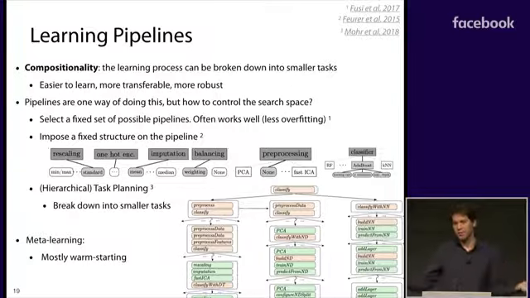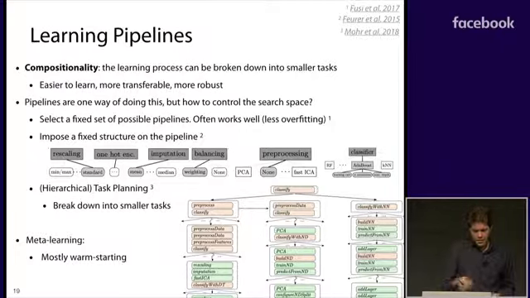And this pipeline structure is something we all use, and it helps to significantly reduce our search space. Right? So, OK, but if you want to explore a space that's defined by the pipeline, can you do that efficiently? And well, if you can do this, then it's easier to learn because the individual parts are easier to learn. You can transfer information from one pipeline to another pipeline, and it's also more robust.